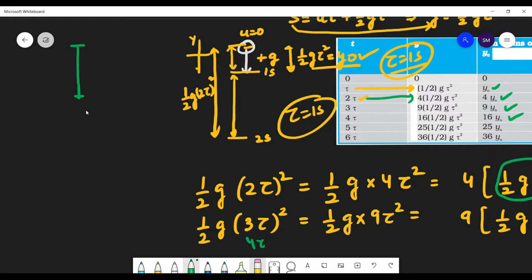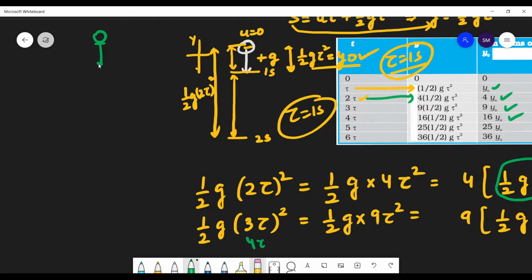So the object was falling down. Here I am writing tau. It can be any time. You can take it as 1 second in this question. Then here the total time is 2 tau. Let me draw it again.